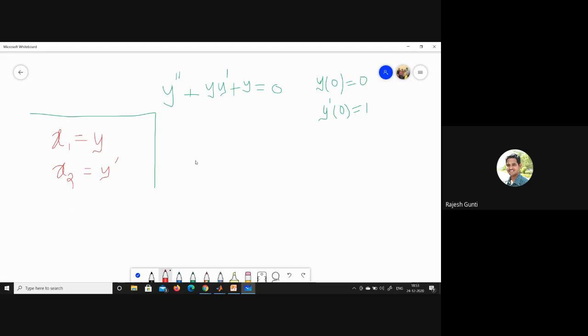This is the standard substitution. If it is a third order differential equation, we introduce one more variable, x3 is equal to y double dash. If it is a fourth order differential equation, we introduce one more variable like this.